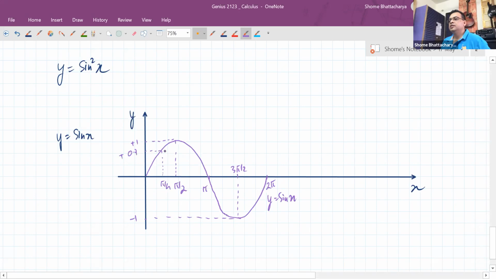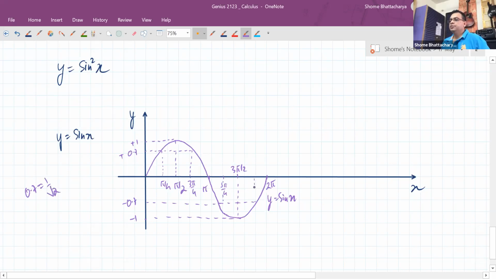And that value again repeats at 3 pi by 4 or 135. Similarly, at 5 pi by 4 or 225 degrees, the value becomes minus 0.7. So 0.7 is approximately 1 by root 2.